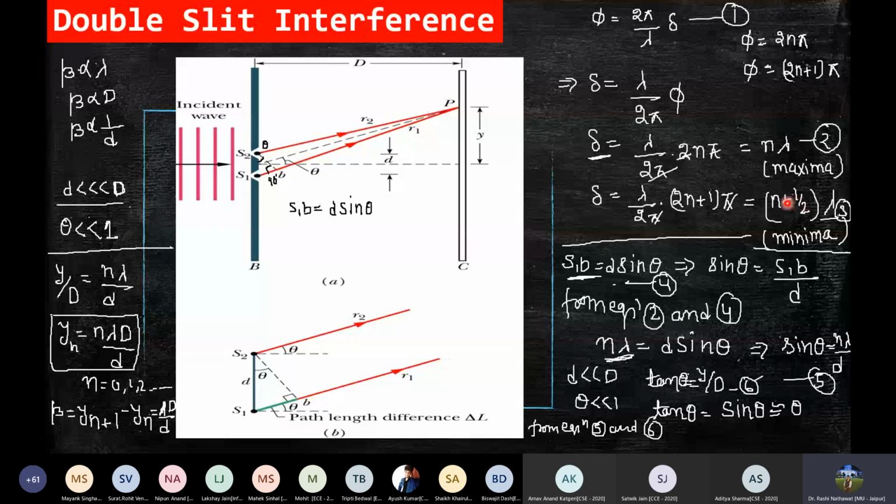So you can see the distance between sources is very small, almost in the nanometer order, but the distance to the screen will be in centimeters. That's why we can say it is negligible, this distance is very small. If this distance is very small, then P will be close to the central point. So we can say theta will be very small. The farther you go, the smaller theta becomes.